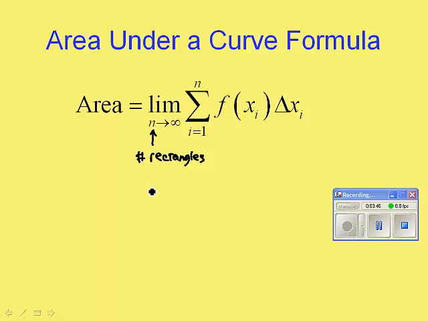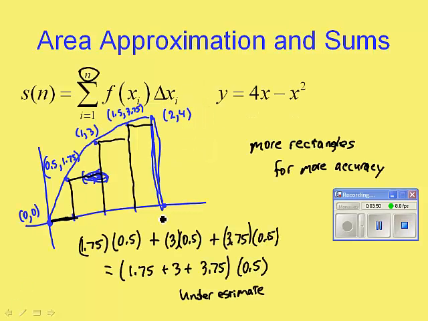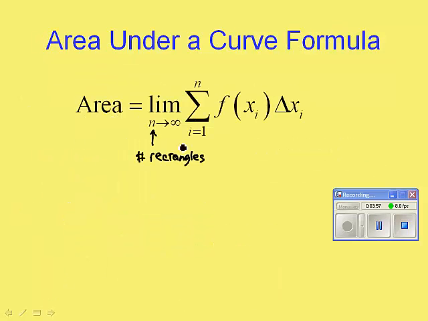Well, you have to take your thing from 0 to 2 and divide it up into pieces that are smaller and smaller, right? See, as n goes to infinity, what else is going to happen? I'm going to write down, notice that delta x is going to go to what? 0. Yeah. The width of these things has to go to 0 as n goes to infinity, right?